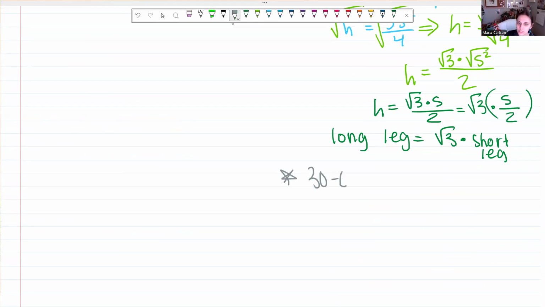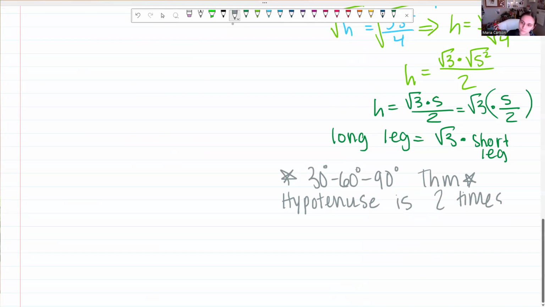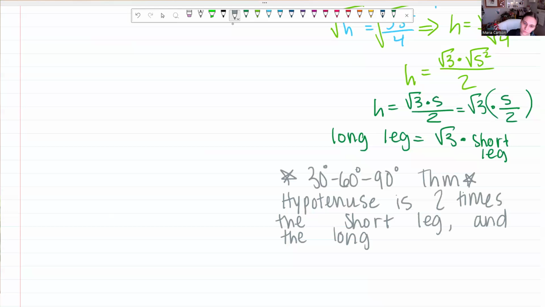So the 30, 60, 90 degree triangle theorem says that the hypotenuse of a 30, 60, 90 degree triangle is 2 times the short leg, and the longer leg is square root of 3 times the short leg.